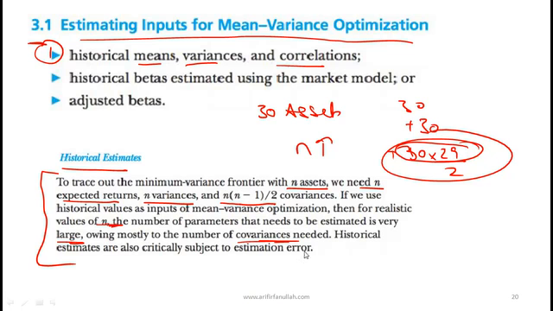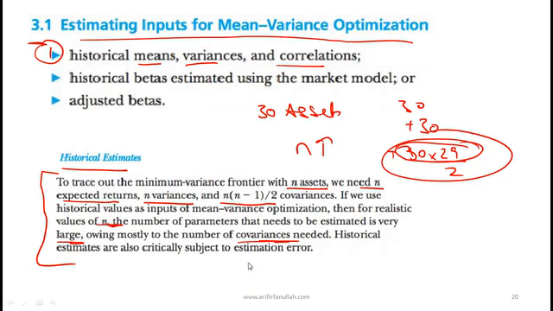So two core points when we use historical estimates. One is the number of items that we need to estimate. And secondly, that typically when you use historical data, what you do is you take samples from large amounts of data, and as you've studied in level 1 quant, when you take samples, then clearly there will be sampling errors and so on. We don't need to go into the mechanics or the numbers.